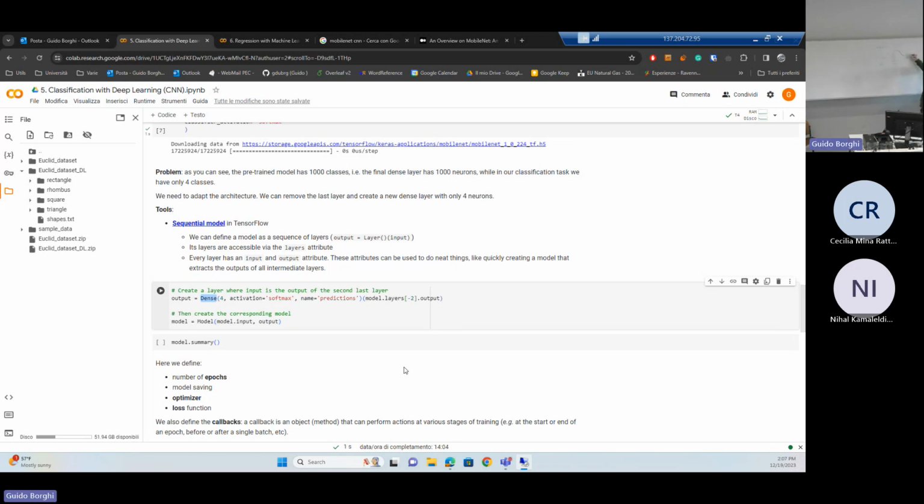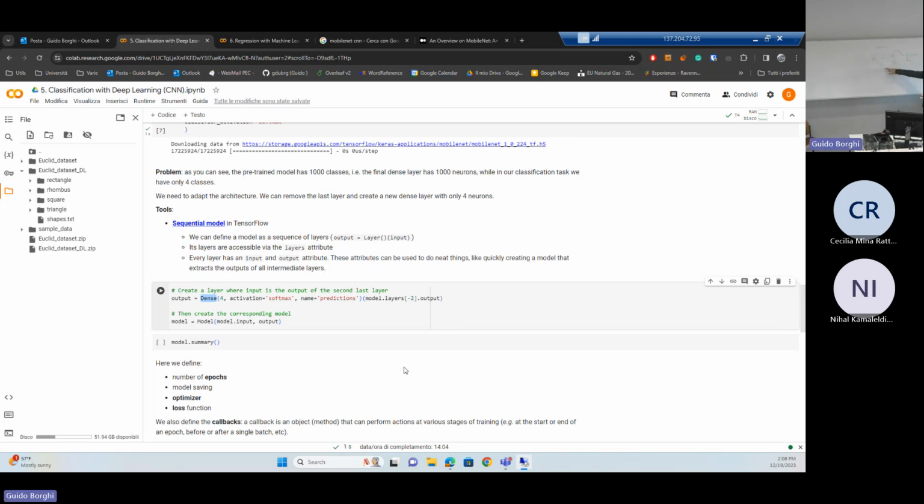So the output now, you can see in the second line, the model is composed of the model input, the input that we used in the old model, and the output of our dense layer. In this way, we have created a new model that is based on the MobileNet architecture for the first part, and we have changed the last fully connected layer using 4 neurons, since we want to solve a problem with only 4 classes.